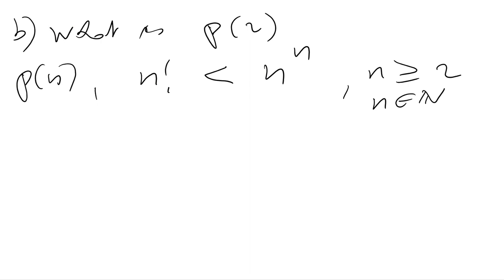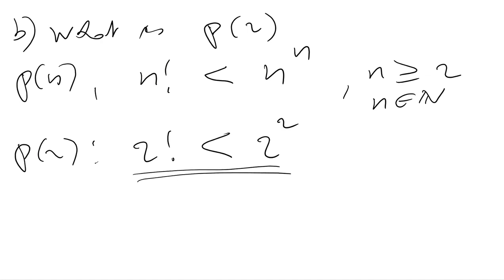So for this, we say that p of 2 is going to be the expression 2 factorial less than 2 to the second. So in this case, it's not sure yet that p of 2 is true.